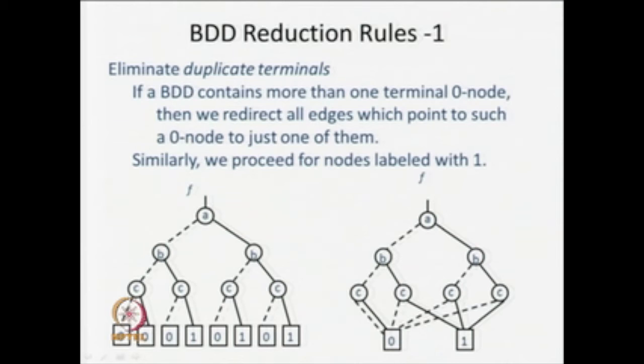So, after eliminating the duplicate terminals, what we get from this BDT is a BDD. Now at least we can see that the number of nodes is smaller, because instead of 2 to the power n terminal nodes, we get only 2 terminal nodes. Here we had 8 terminal nodes, because we have 3 variables, and these 8 terminal nodes are represented by 2 terminal nodes. It is the same for any function.